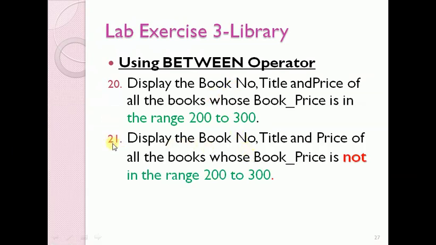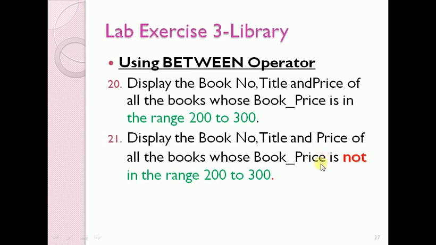Look at this 21st question. There is a slight difference here. Book number, title, price need to be displayed of all the books whose price is not in the range. Listen to this word: not in the range. You know how to see within the range, and here it is mentioned as not.